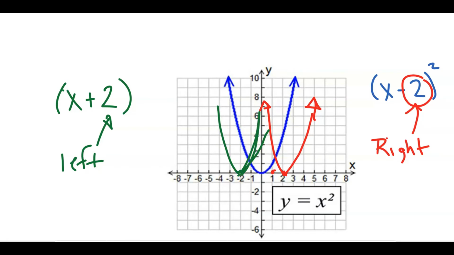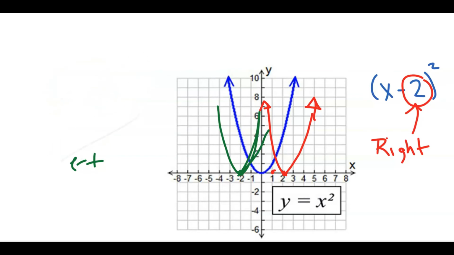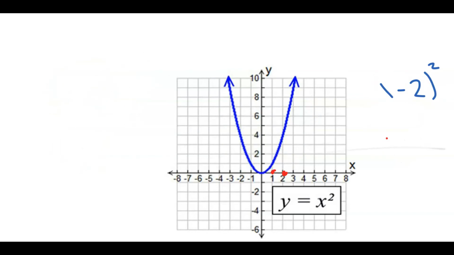Negatives move you to the right, whereas it looks like this plus 2 moves me to the left 2 spaces, and that's just because there's a negative in the formula. Technically we put a minus 2 in here, but the negative in the formula made it look like plus 2, and that's why the positive moves you to the left.